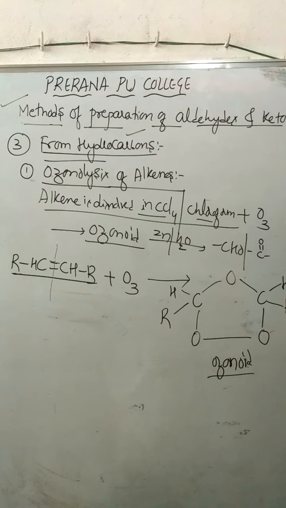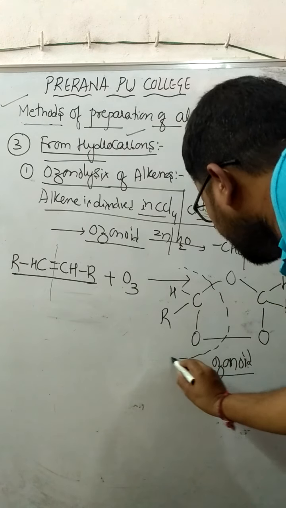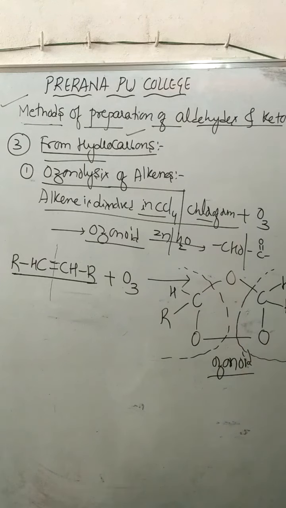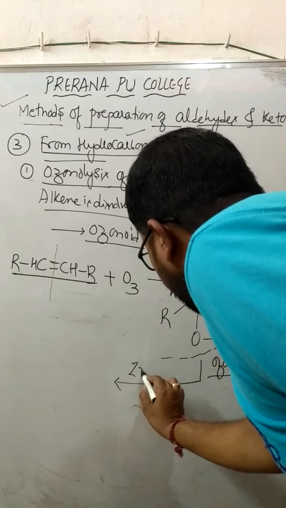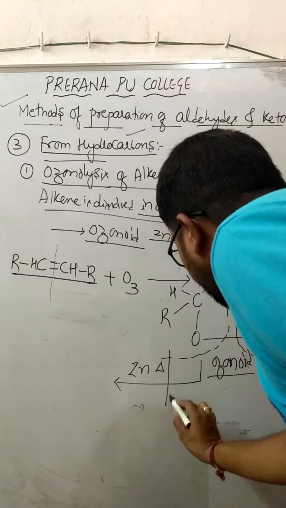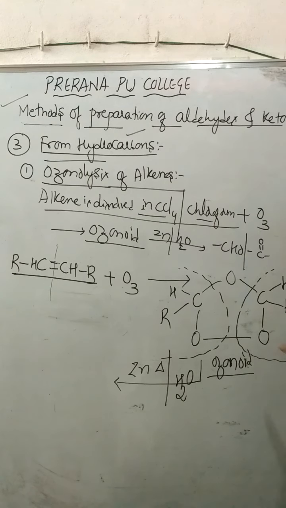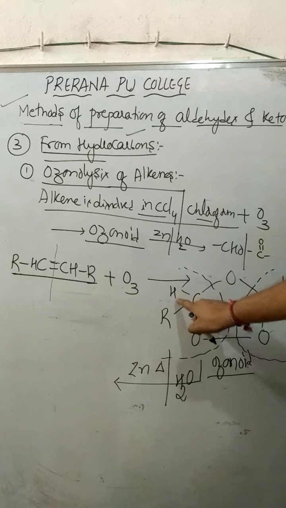And the ozonoid which is formed undergoes C cleavage. It is called C cleavage because it breaks in the form of a C shape. This C cleavage is possible when it is heated with zinc and subjected to hydrolysis. When it breaks up by C cleavage, it forms RCHO.